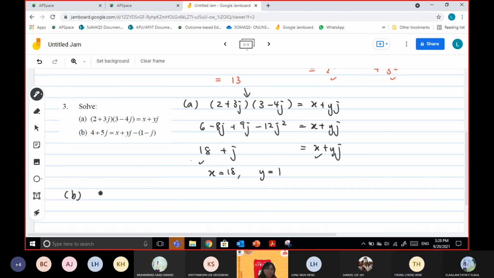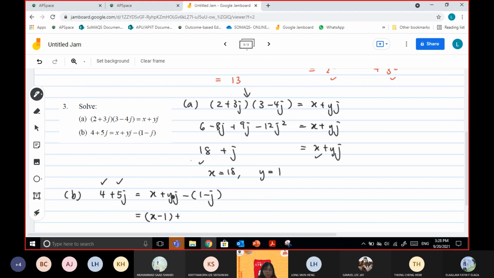Okay, so part B, we have 4 plus 5j equals to x plus yj minus 1 minus j. So the left hand side, you can see the real part and the imaginary part. So for the right hand side, you should do the same. You need to simplify them. So the real and the real, so x and minus 1 is a real part.